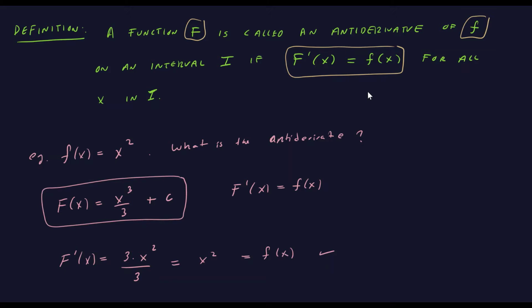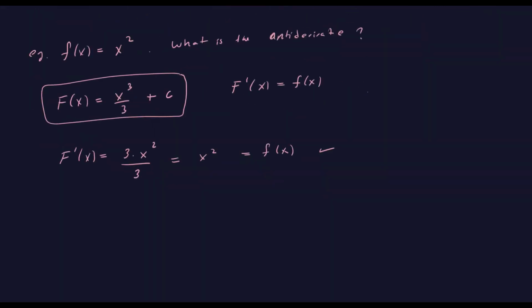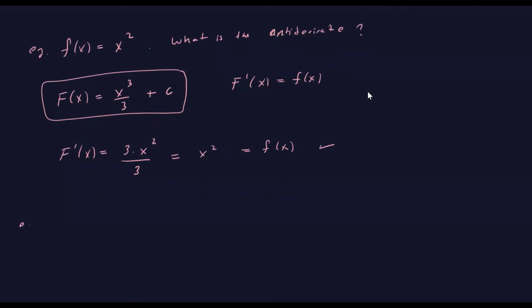Now, hopefully you got the idea, but sometimes it's very difficult to guess. So we're going to come up with the general formula for this. Suppose you're given a function in the form of x to the n power, where n is not equal to -1. We'll talk about that a little bit later, and we want to know the antiderivative of this function.